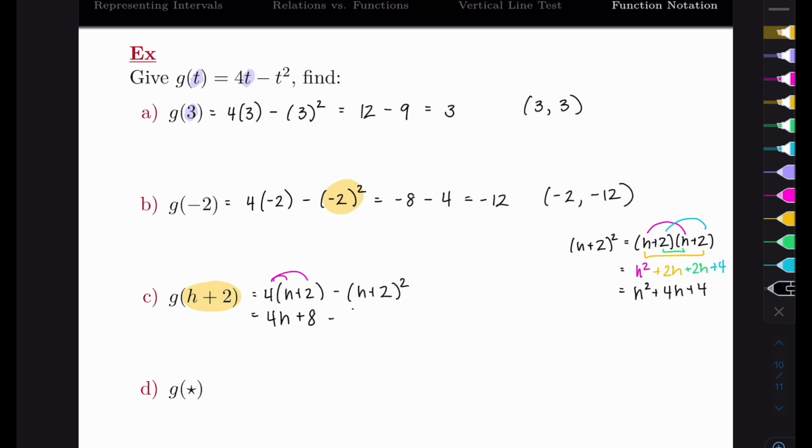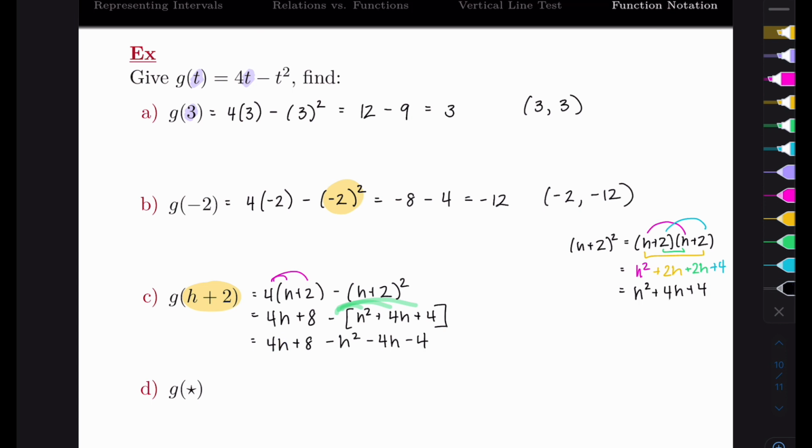So really we have to subtract all of that. Okay. And then we do have some condensing. We can go ahead and now distribute this minus sign to everything in here. So this is 4h plus 8 minus h squared minus 4h minus 4.